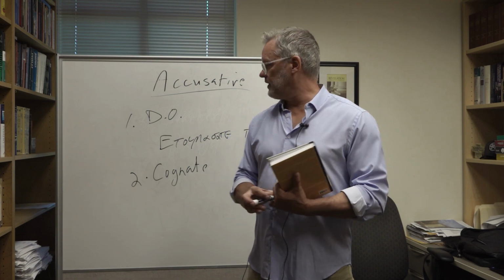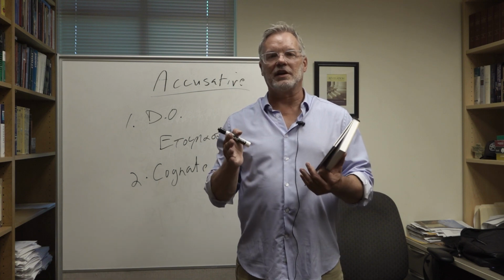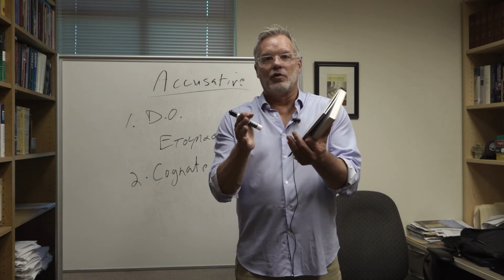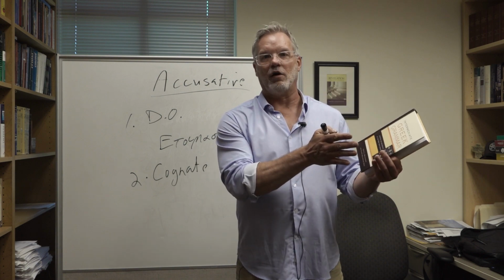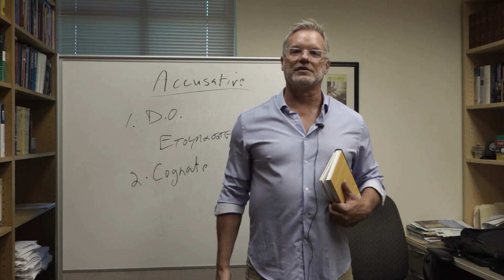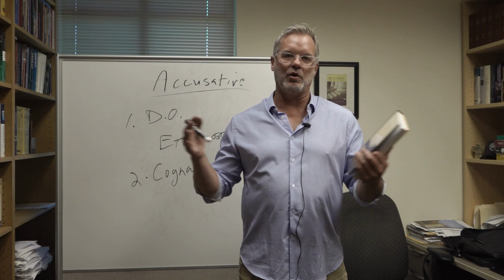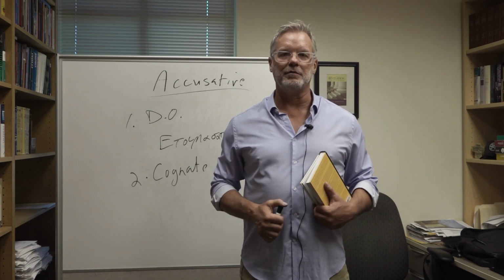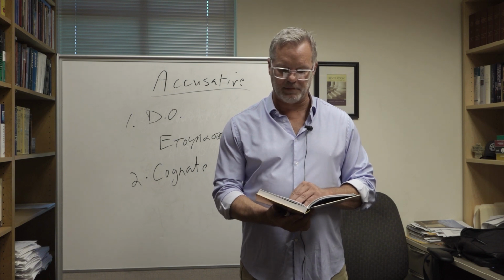But what that is, the noun in the accusative case, the direct object, is cognate to or comes from the same stem as the verb itself. And we do this in English sometimes. We might say to pray a prayer. Pray is your verb and prayer is your direct object. They're both cognate. They come from the same word. And you find that several times in the New Testament.